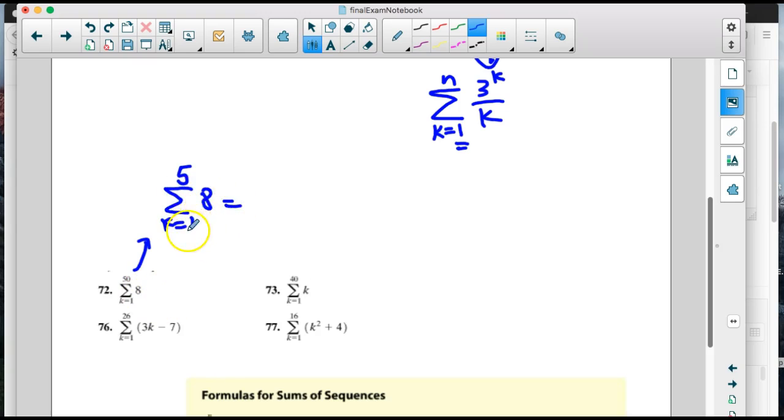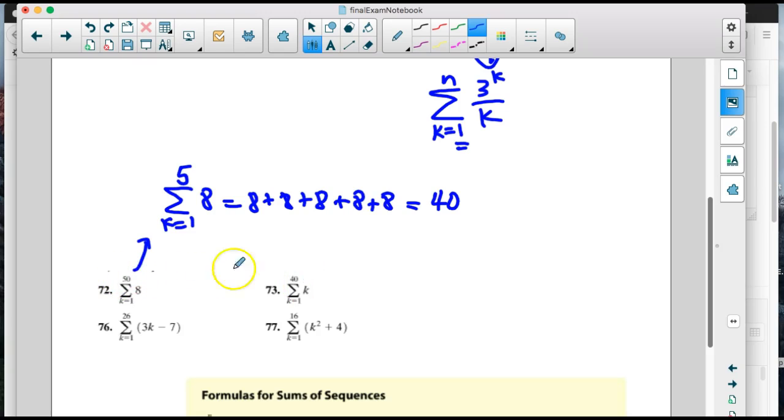I would just say there's 8 plus 8 plus 8 plus 8 plus 8, 5 times, because k is 1, k is 2, k is 3, k is 4, k is 5. So we have 5 eights, which is 40 in this problem.